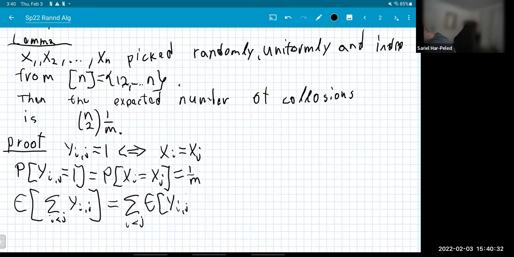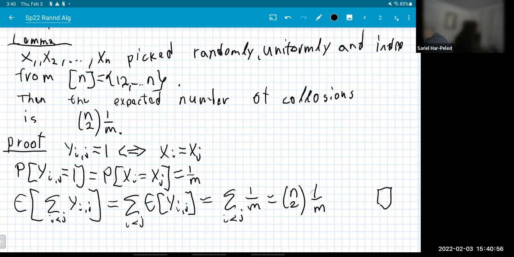The yij, of course, all behave the same, so they're all equal to 1 over n. And of course, the number of elements in the summation is n choose 2, all the number of pairs that we have. So we get this. So this was easy.